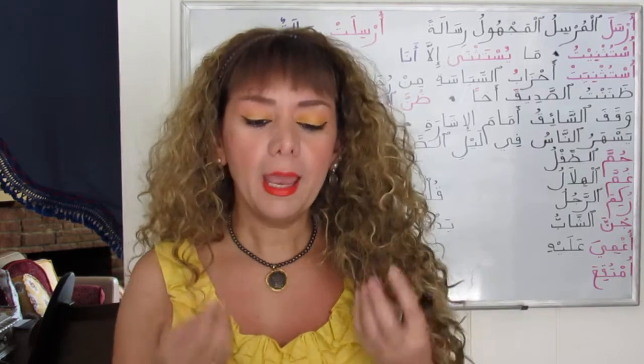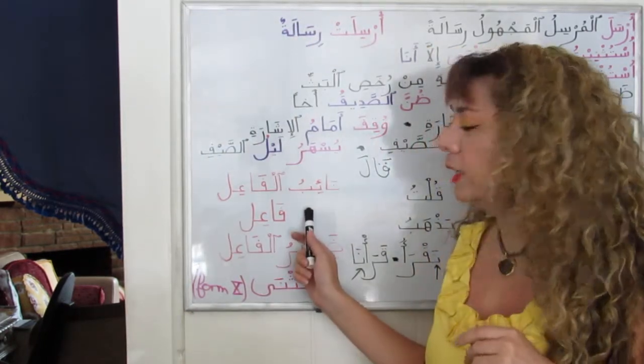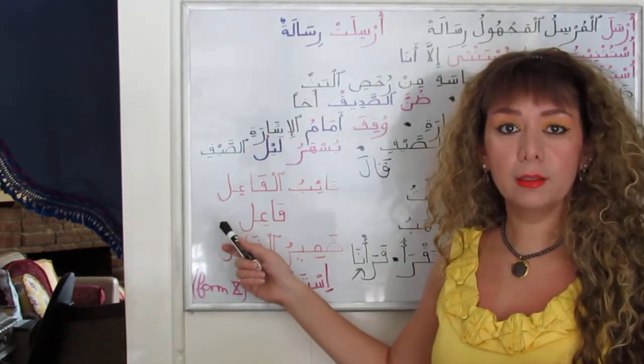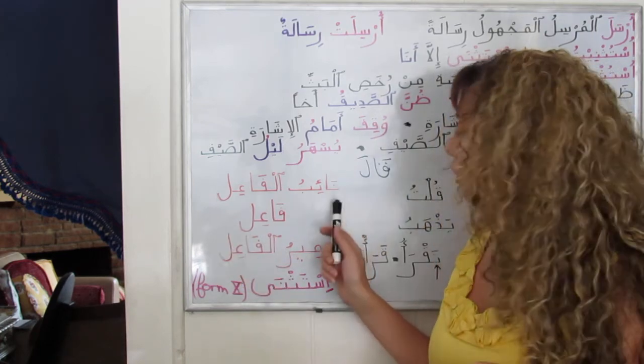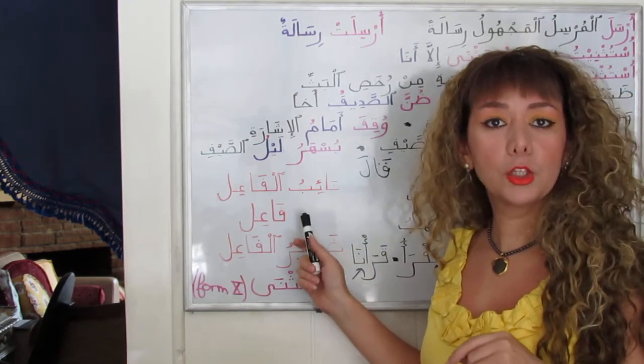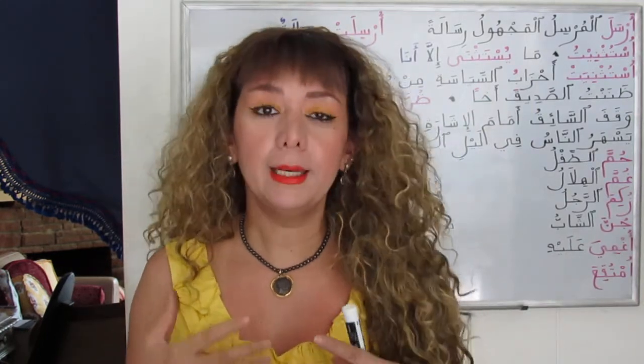Similarly, every verb in the passive form must be linked to another node through a dependency relation called نائب الفاعل, the deputy doer, substitute of the doer of the verb, نائب الفاعل.